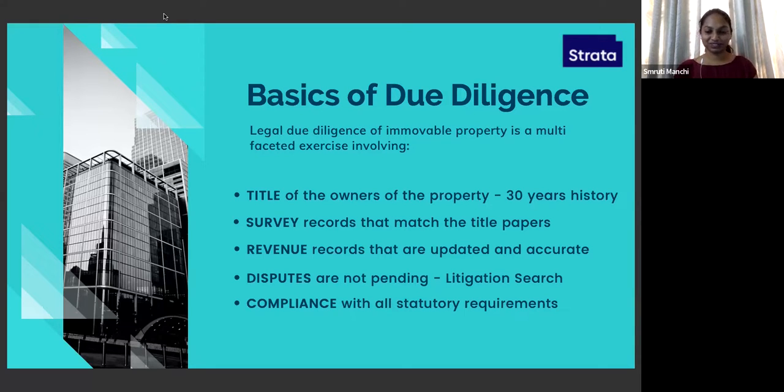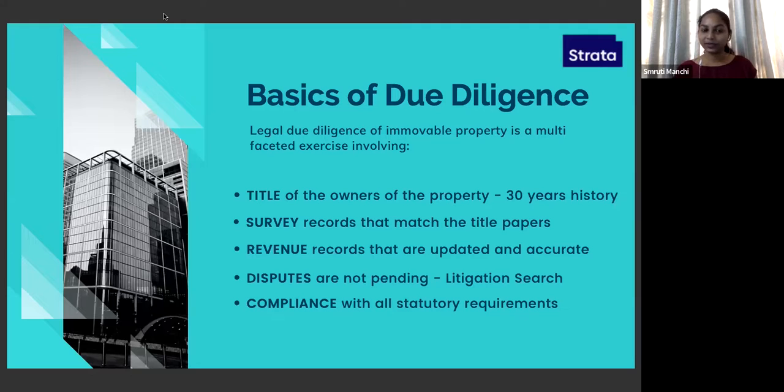It put developers in a lot of soup. As you know, with how the news went, the industry itself faced a lot of issues when RERA came in. But that was because there was a lot of non-compliance, there were a lot of deviations, and all of this came to an end with RERA.